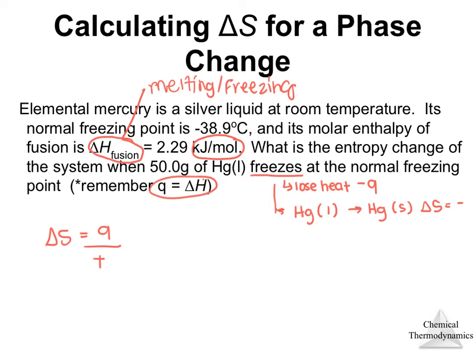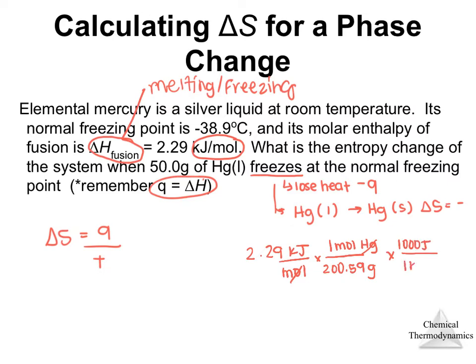So I'm going to take my 2.29 kilojoules per mole, and I want my heat to just be in joules. So for every 1 mole of mercury, according to my periodic table, it's 200.59 grams. So moles cancel, and I'm in grams. And I want to get joules, so for every 1 kilojoule, I have 1,000 joules.